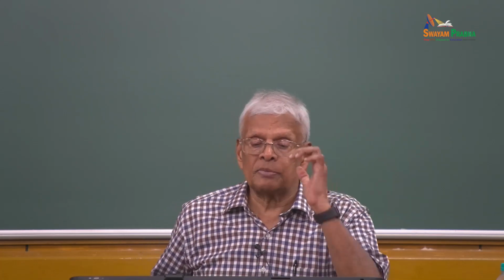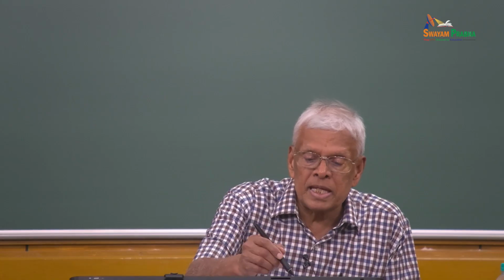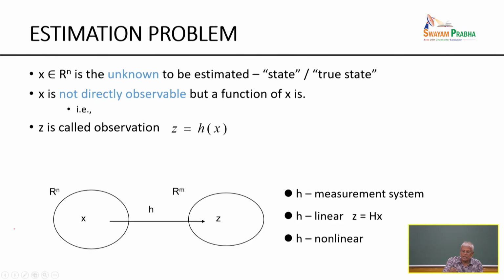So, the statistical estimation problem. Let X be an unknown vector to be estimated. X can be thought of as the true state of the system being observed. Mother Nature is very tricky.